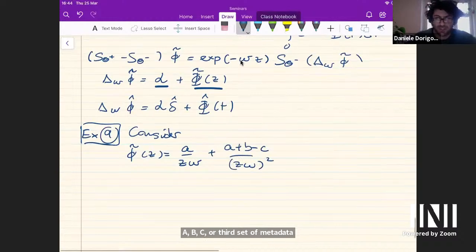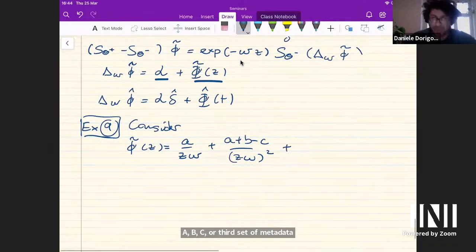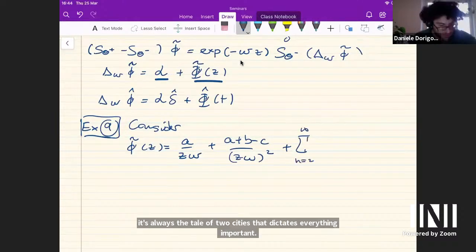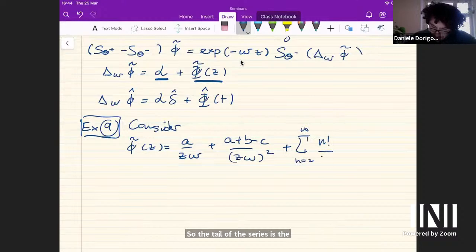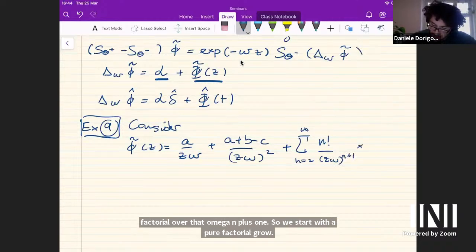These first two terms are just so that I don't have anything floating around that don't really matter. So remember, it's always the tail of the series that dictates everything important. So the tail of the series is the asymptotic expansion n factorial over (z omega) to the n plus 1. So we start with a pure factorial growth, and now we perturb it slightly.